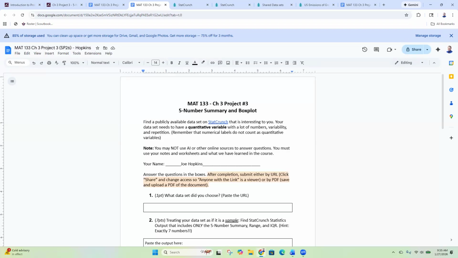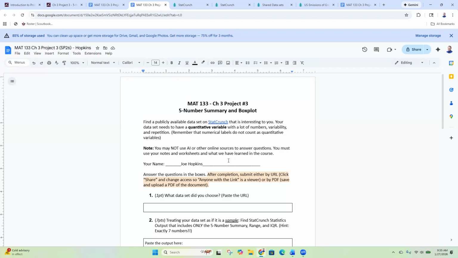What was a quantitative variable? Numbers. Yep. Countable numbers. Yep. So they don't have to be whole numbers. They can be decimals, but they have to be something that you can do math on.